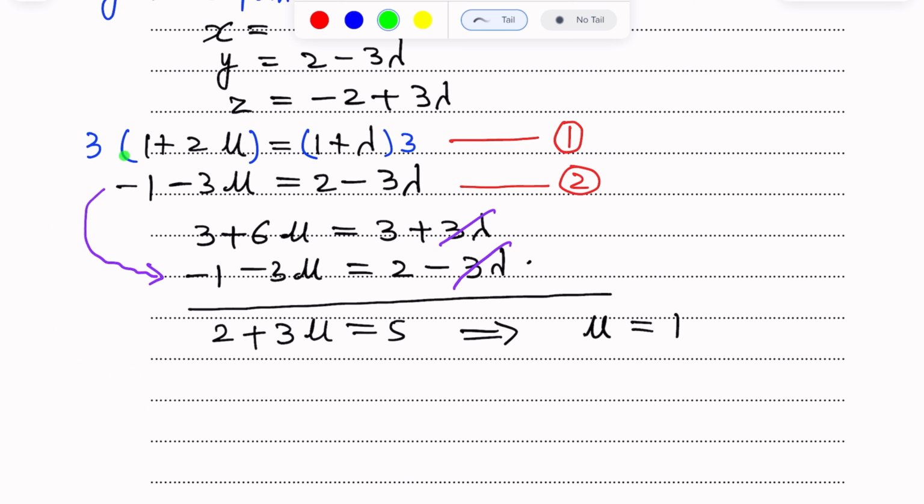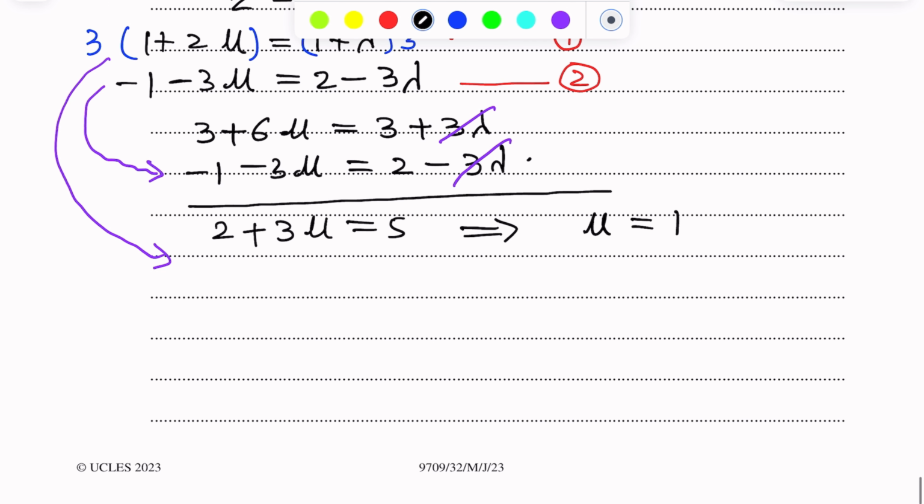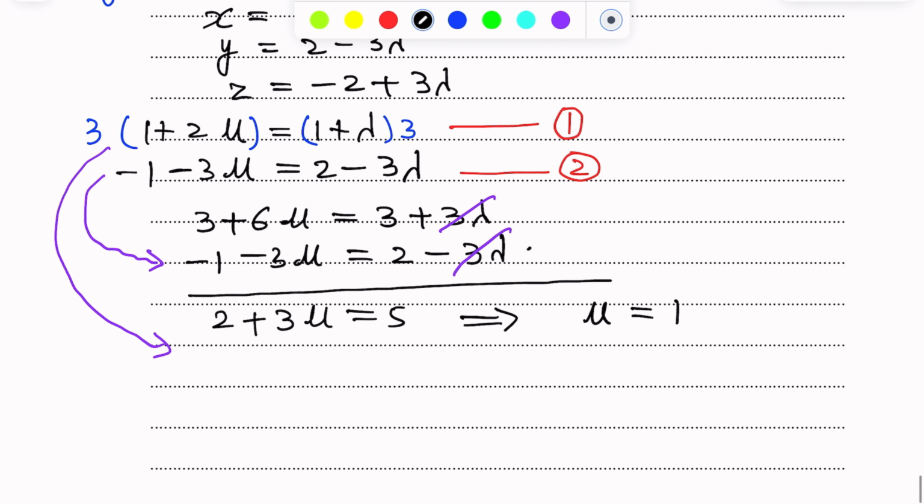Equation number 1 is 1 plus 2 mu is equal to 1 plus lambda.